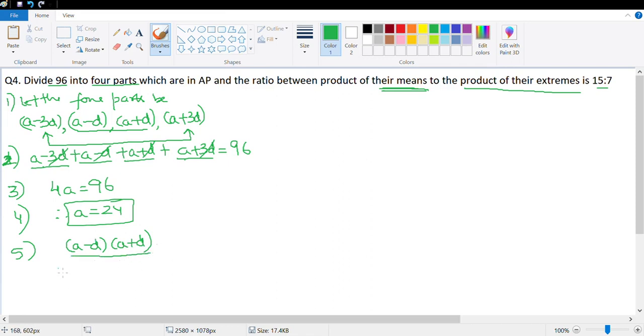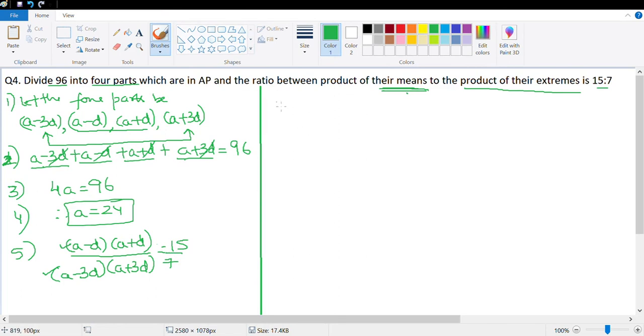So the product of extremes is a minus 3d multiplied with a plus 3d. And the ratio here is given equal to 15/7. Right, let me reconfirm. The product of their means, which is here, product of extremes, which is here, is equal to 15/7.